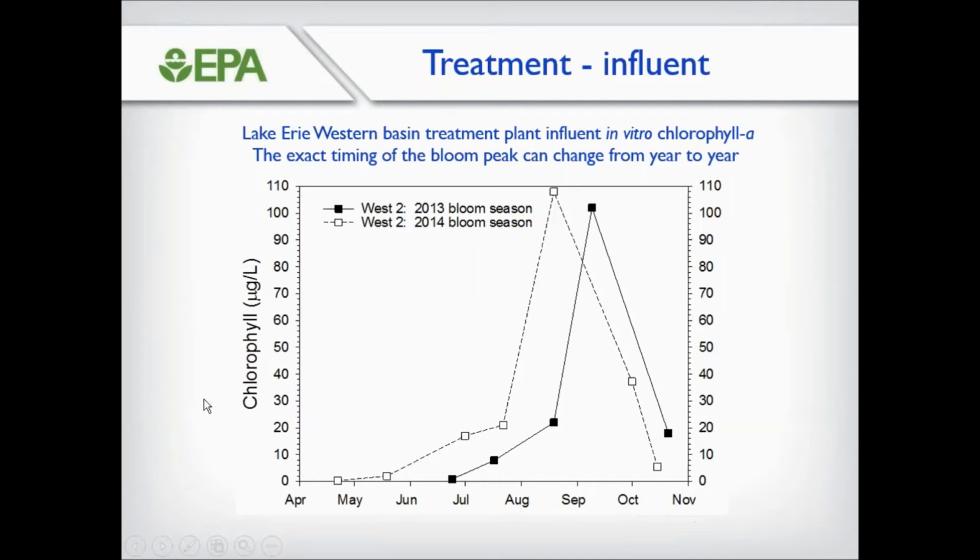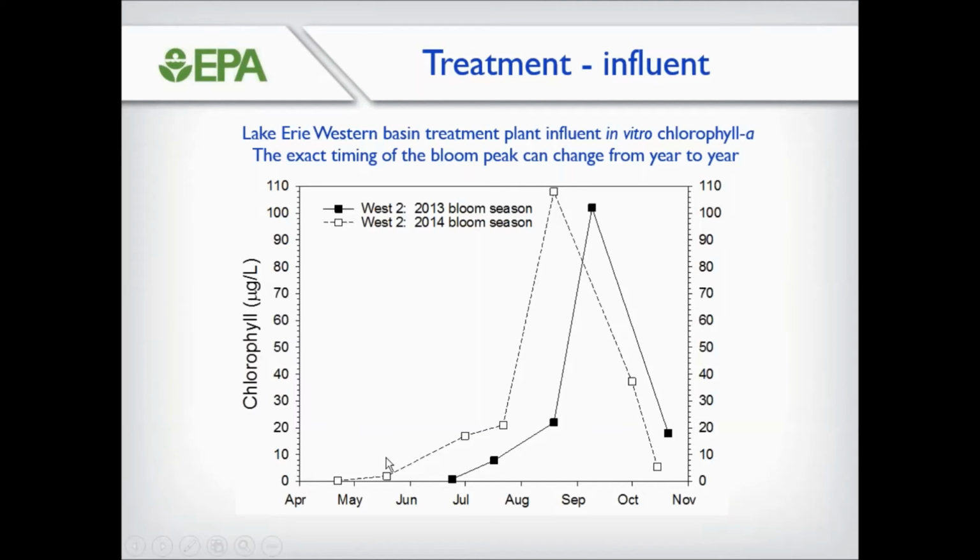We have time on the x-axis, and we're looking at chlorophyll by the extractive method, so that's where we pass it through a filter and then analyze what was retained on the filter. Once again, this is a proxy for the concentration of cells in suspension, and that chlorophyll is represented as micrograms per liter on the y-axis.